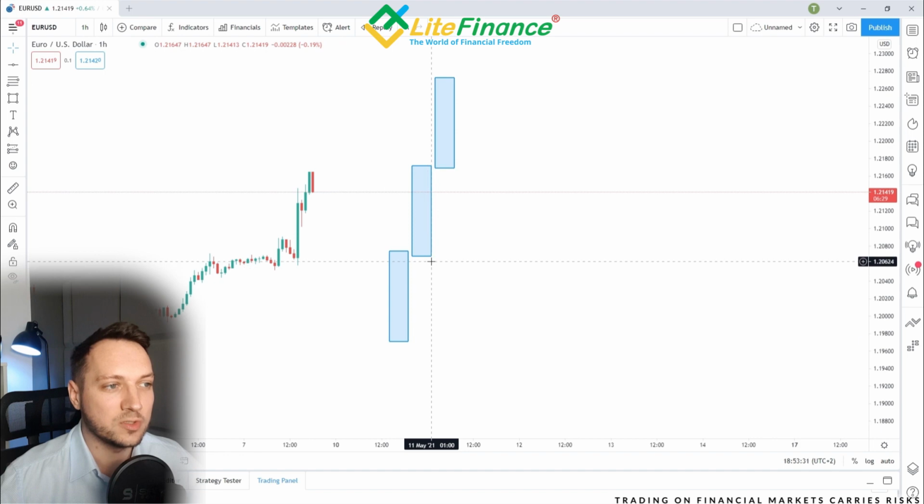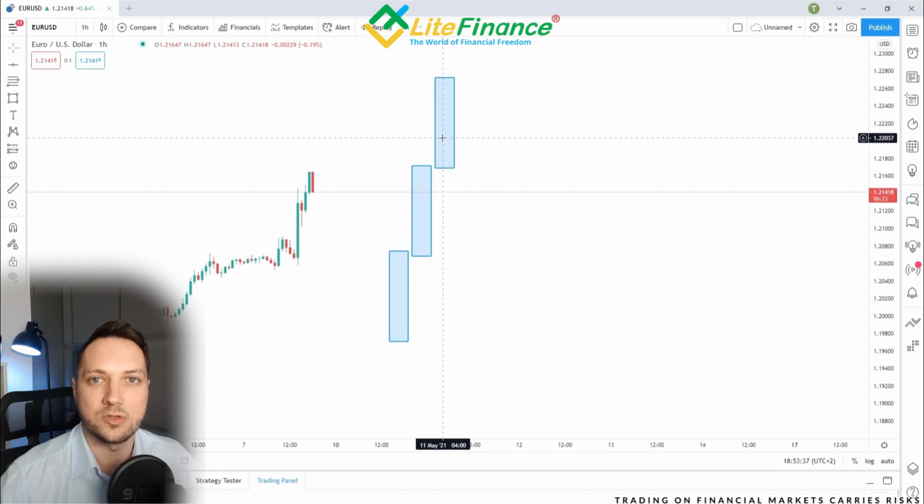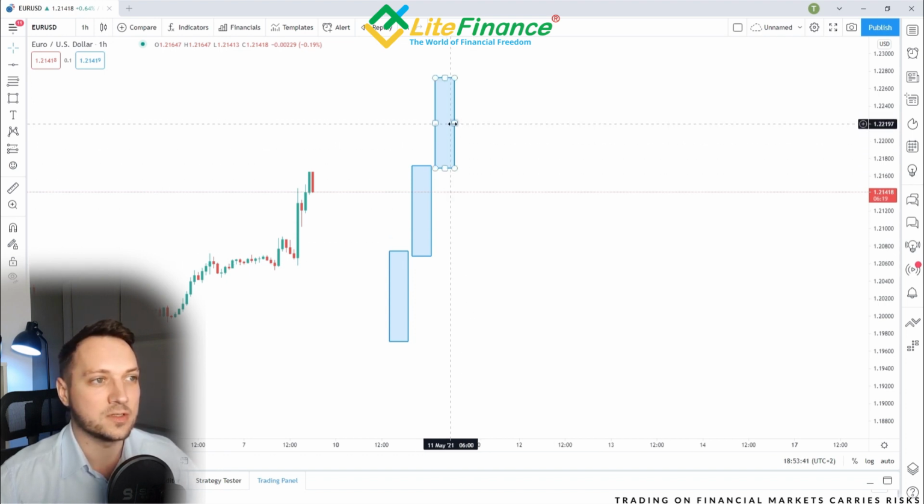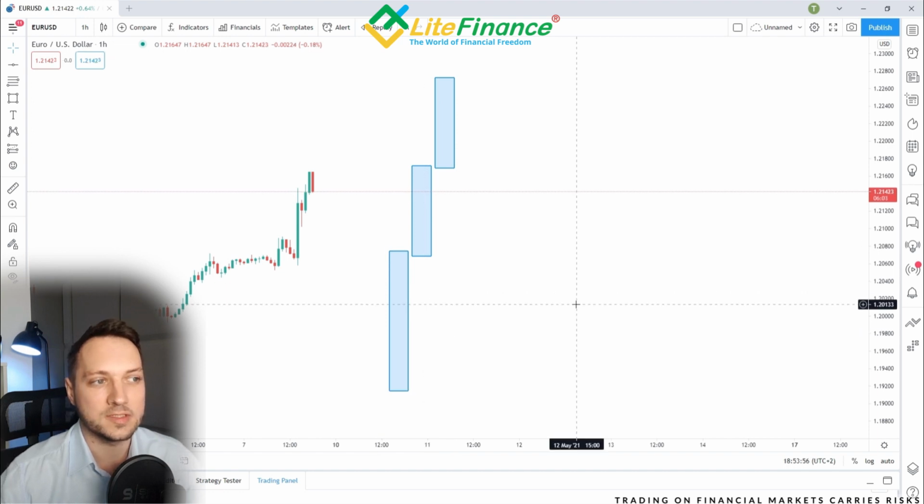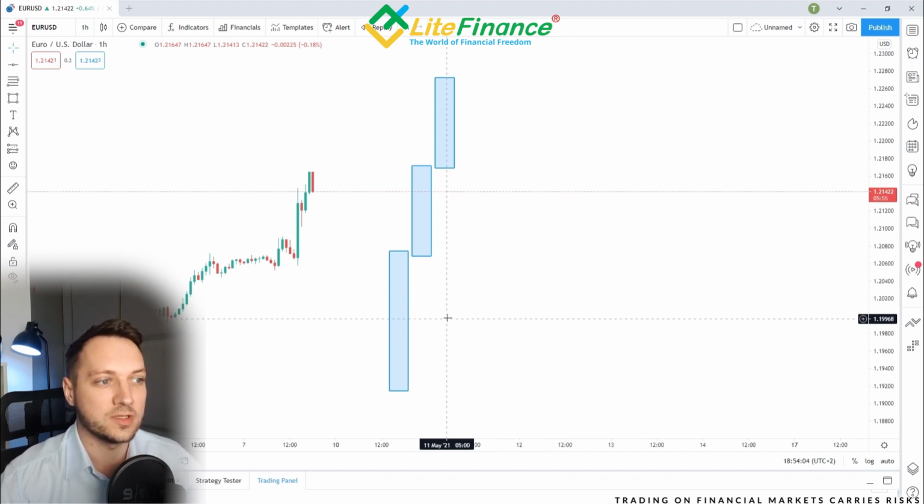What is important is that they should have a very long, very big body and very small or no shadows at all. These are the first conditions. Another thing is that at best the first candle should be the biggest, the strongest one, which should signal very strong momentum.